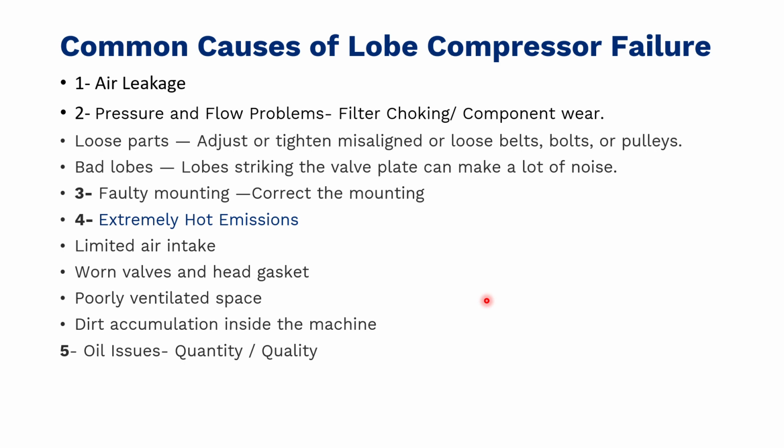There may be bad lobes, and then they may be striking with the housing, so that may make a lot of noise. We will have to change the lobes in that case. Faulty mounting, we need to correct the mounting.